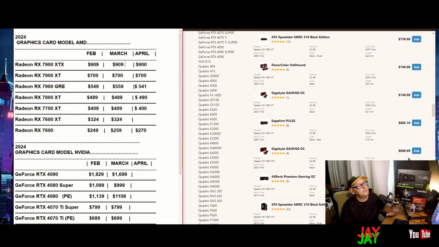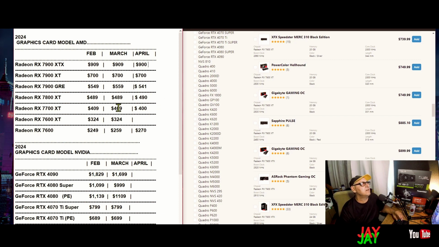So, we can say February and March are flat. And in April, it went down $9. The 7900 XT is stagnant across the board. The 7900 GRE went down 19 bucks. The 7800 XT went up $1.